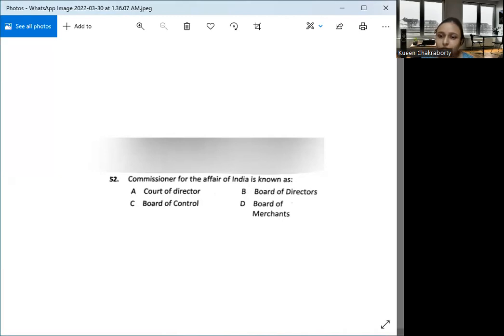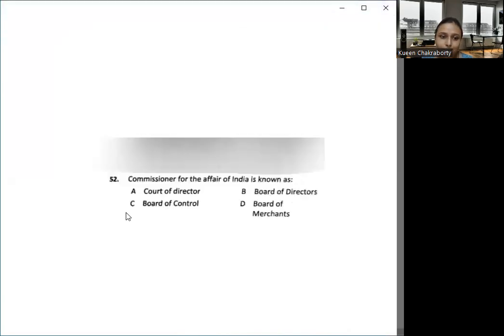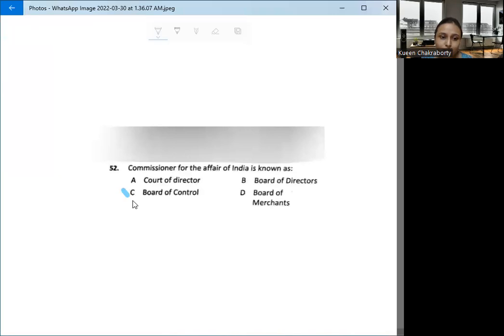It set up a Board of Control in Britain through which the British government could fully control the company's civil, military, and revenue affairs in India. So we have the correct answer as option number C, that's Board of Control.